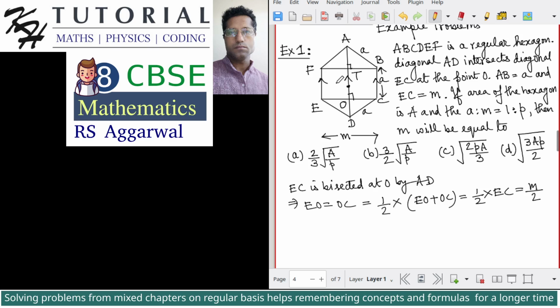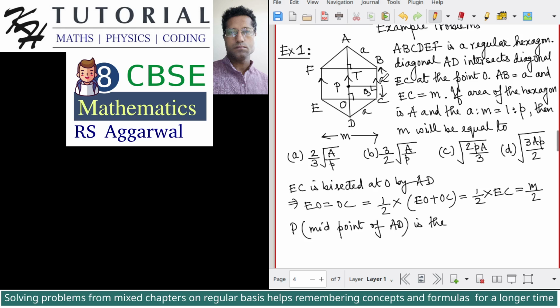Let's say this is the center P. All these observations you have to make based on the fact that it is a regular hexagon having 6 sides. So from the center P, if I draw a perpendicular to the side BC, I'm really sorry for my clumsy illustration, but let's say this is Q.